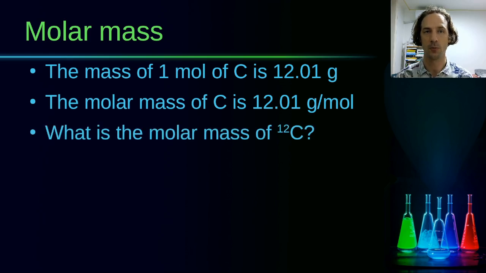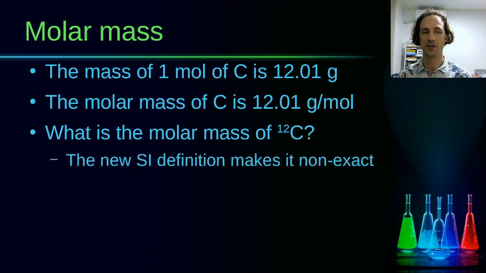So we define carbon-12 as having the standard atomic weight of 12, but what about its molar mass? The new SI definition actually makes it non-exact, because kilogram is defined based on constants of the universe like the speed of light and things like that, and the Avogadro number is just defined as an exact number.